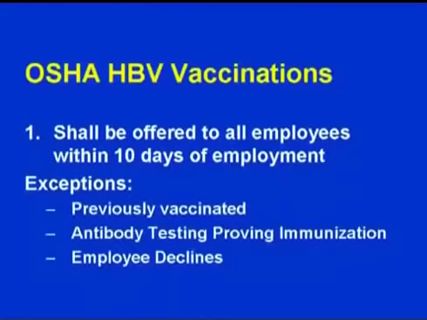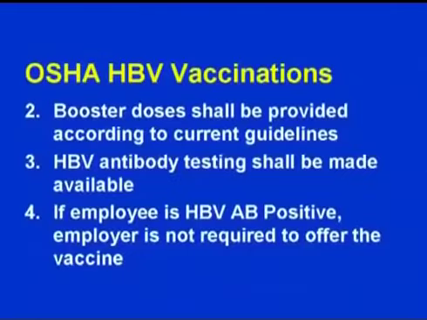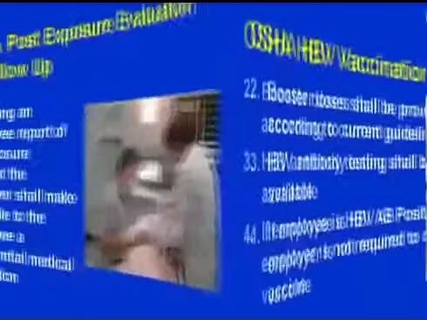It's important that the employee signs a declination statement. It is a very specific statement that is reproduced in the rule itself. Also, booster doses are provided according to the current health guidelines, and antibody testing is made available. If the employee proves to be antibody positive, then the employer does not need to offer the vaccine.